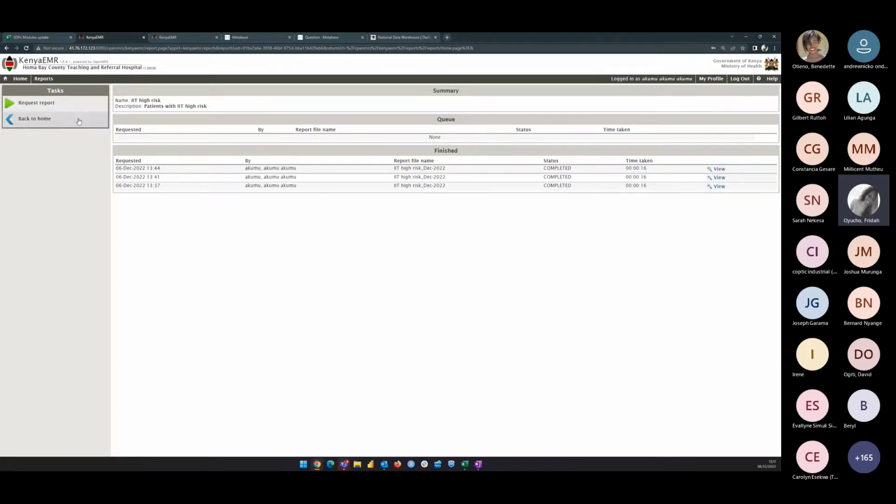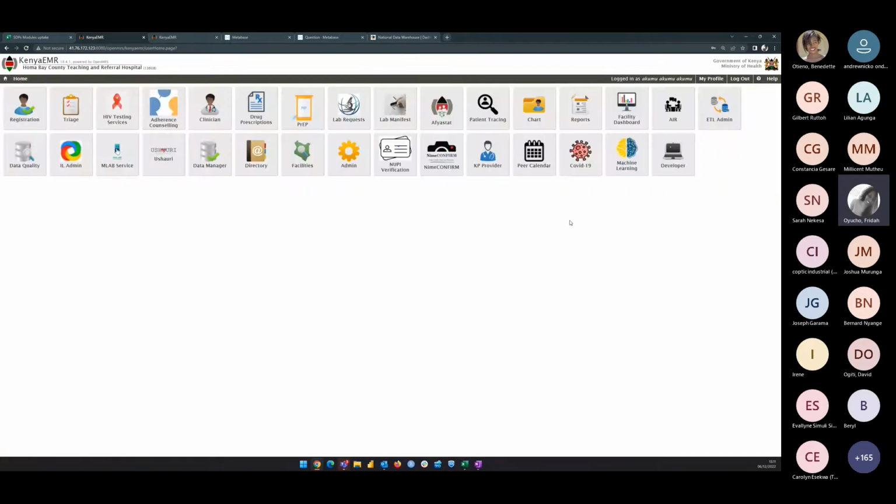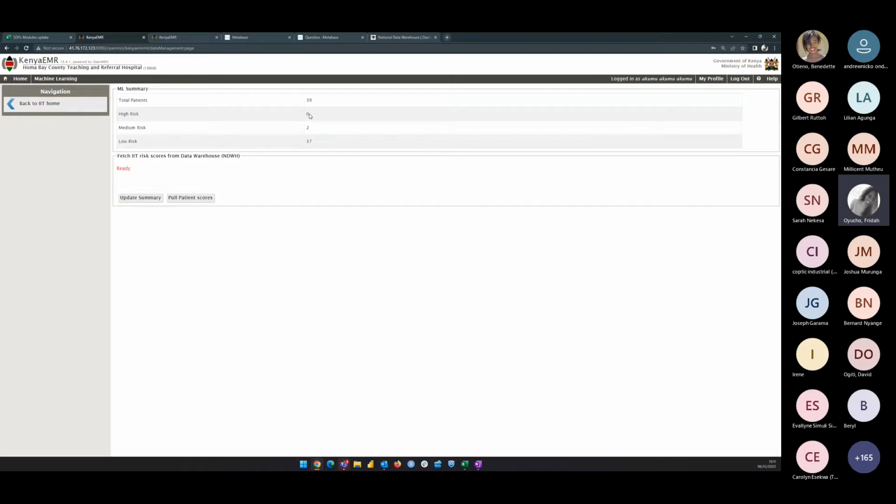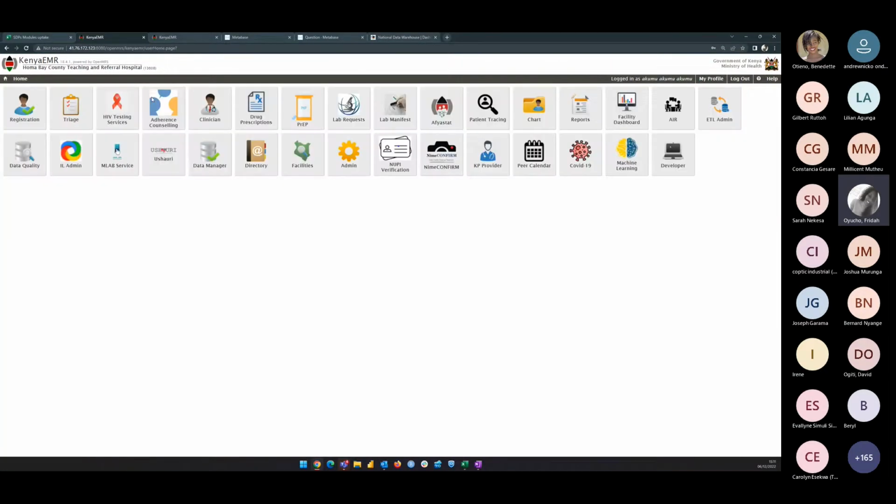Now from the ML module, if you are keen enough, you realize that we had 0 high risk. So that means even the report that you're looking at is going to be 0 because we don't really have any client from the data that we are working with, which is the test data, who has a high risk. So again, this is just a request to the people on this call.